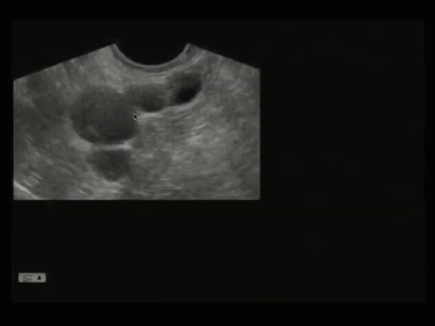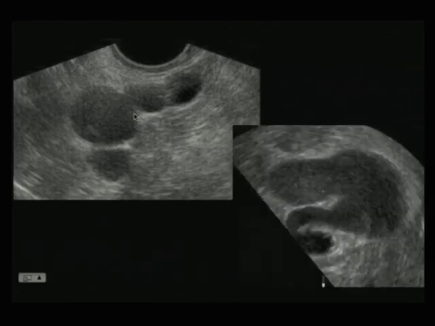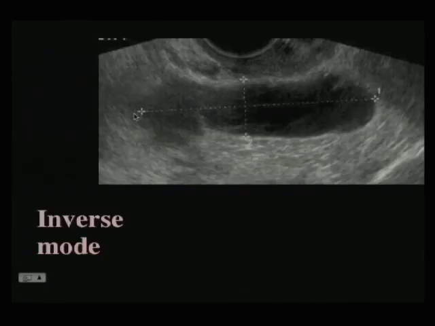Here's another multiseptate cyst. Looks somewhat tubular. You might suggest that it might be a hydrosalpinx, but how can you be sure? Well, you can be sure by generating the reconstructed plane. Now, you can also use inverse mode, and inverse mode is a way to make a cast of everything that is cystic inside. Now, here is a tubular cystic area which is inside the volume.